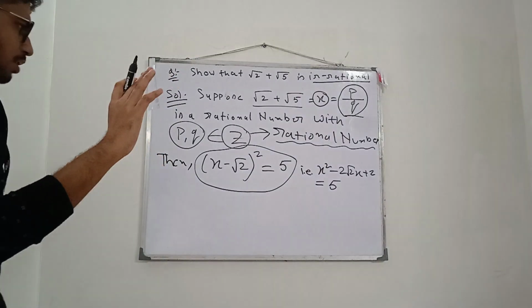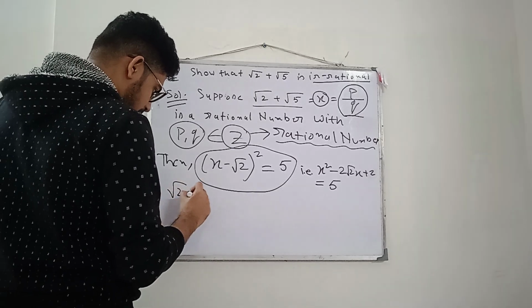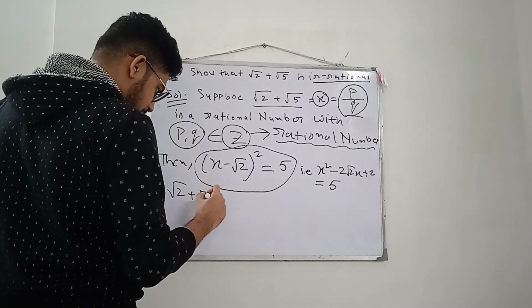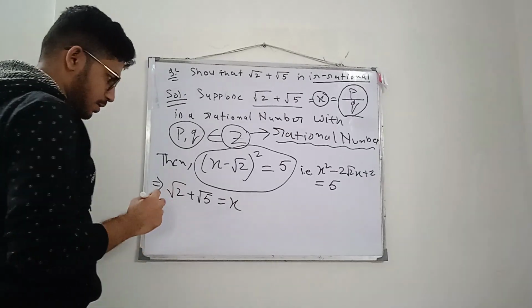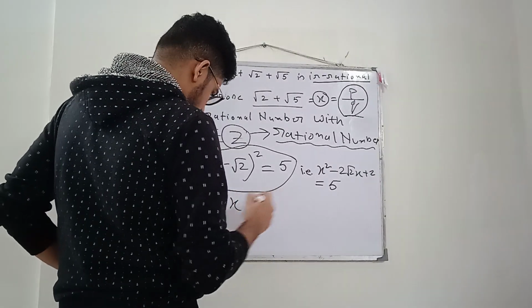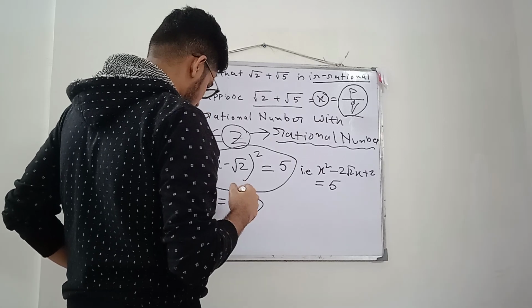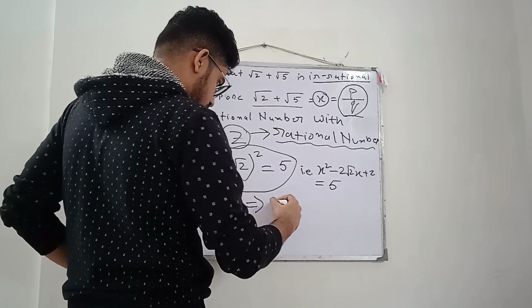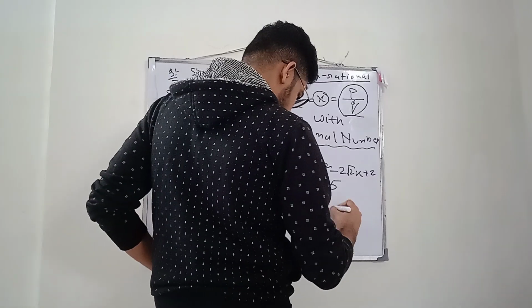Okay, I got it. Suppose root 2 plus root 5 is equal to x, and root 2 is equal to x minus root 5.